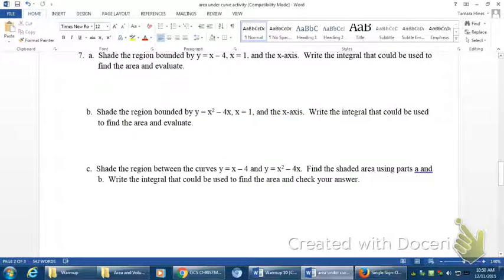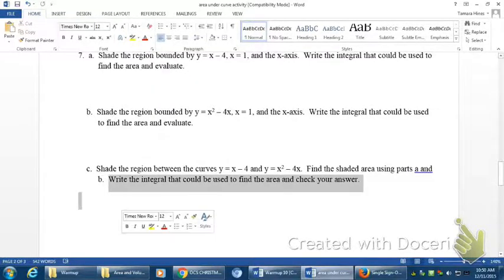Alright, we're going to skip on down to 7C. What I want us to do is to shade. I'm sorry it's so weird and that there's an extra little part there, but that's okay.